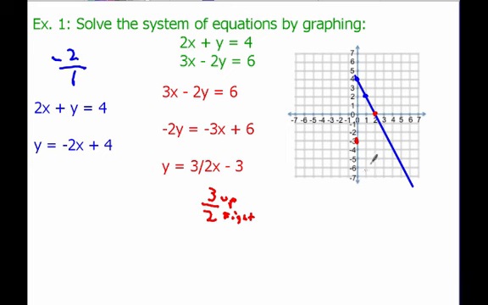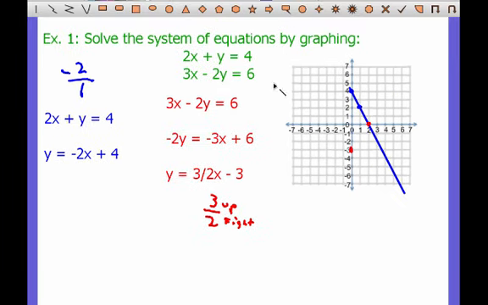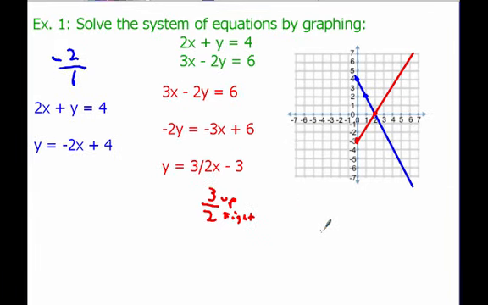You can already see what the answer is going to be for this one. Now I'm going to graph that equation by connecting those 2 points. And we see that our lines cross right at this point here, meaning there is exactly one solution to this system of equations, and that solution is this point, which is 2, 0.